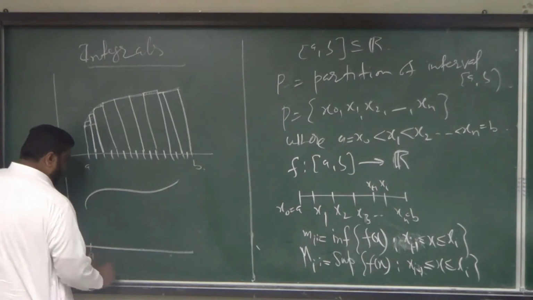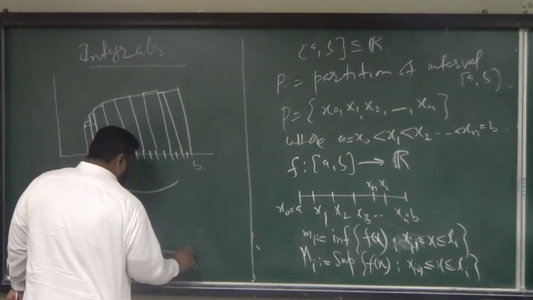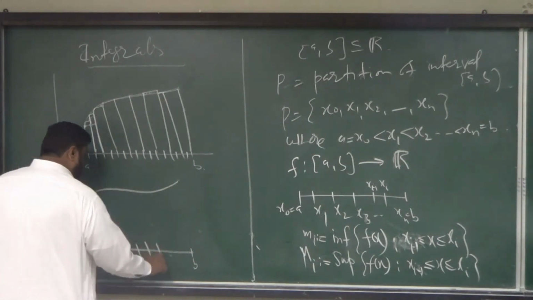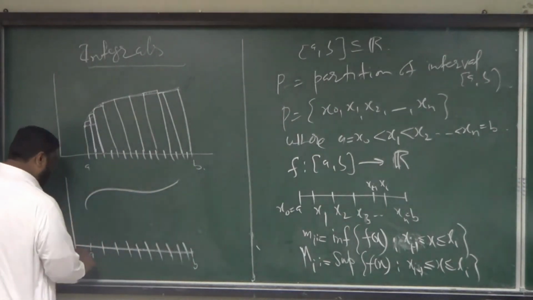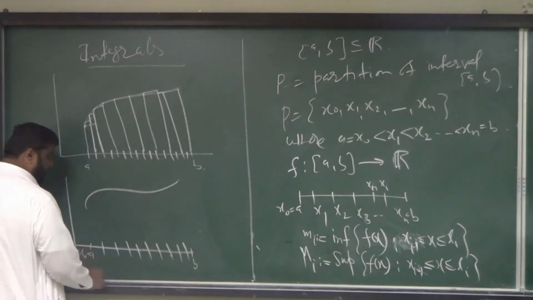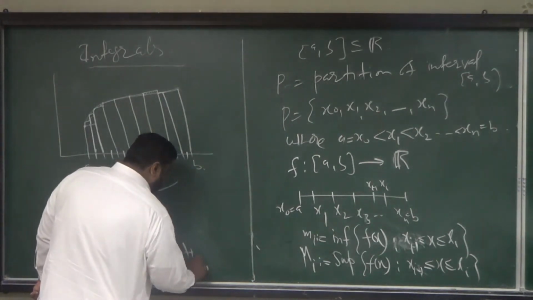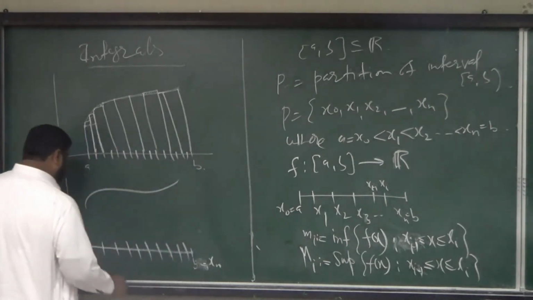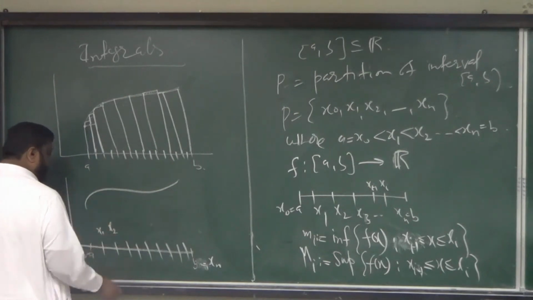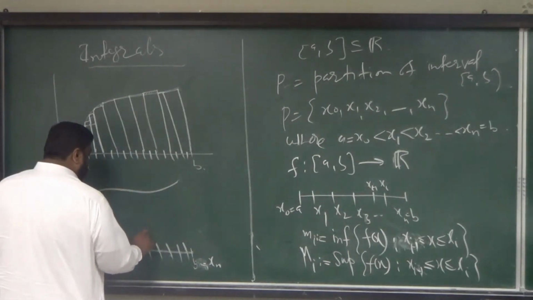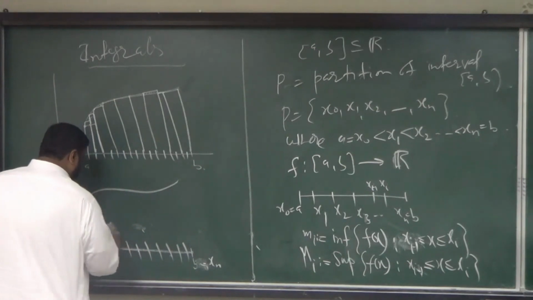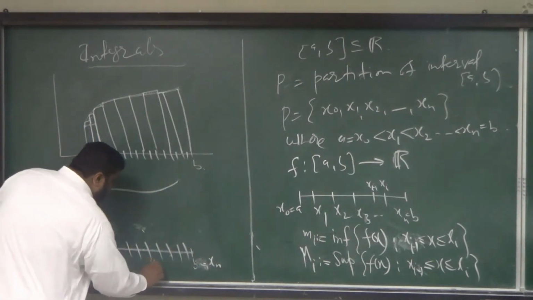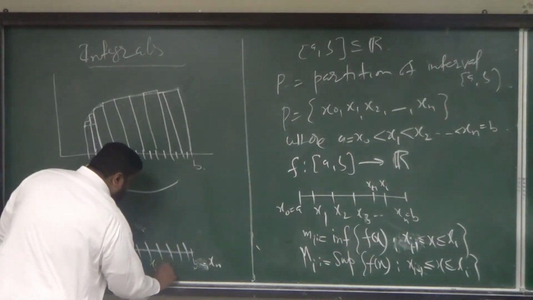Imagine I have a and b, and I have partitioned it at endpoints. This is x naught, this is xn, it's x1, x2, and this is an abstract interval x(i-1) and xi.